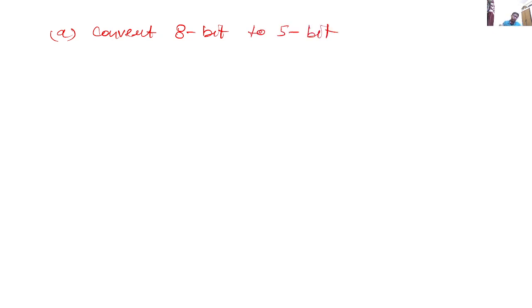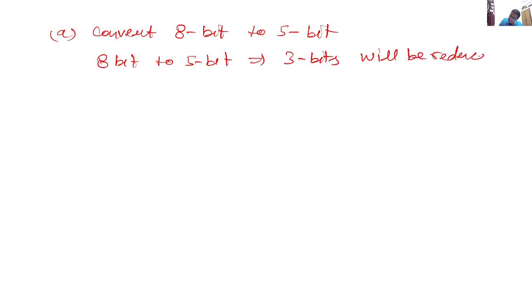We also got to know that when we divide by 2, 1 bit gets reduced. So from 8-bit to 5-bit, 3 bits will be reduced. 8-bit minus 5-bit is 3 bits.